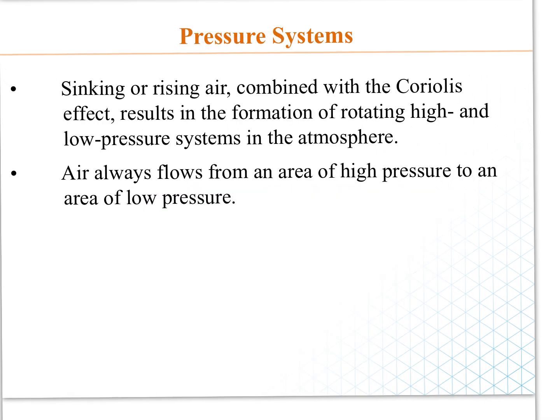Now let's take a second to come back to this idea of pressure and pressure systems. So we remembered that due to the Coriolis effect, we can have high pressure go to low pressure, and in the northern hemisphere it's going to curve to the right.